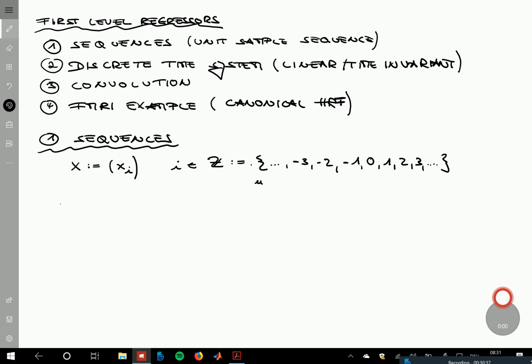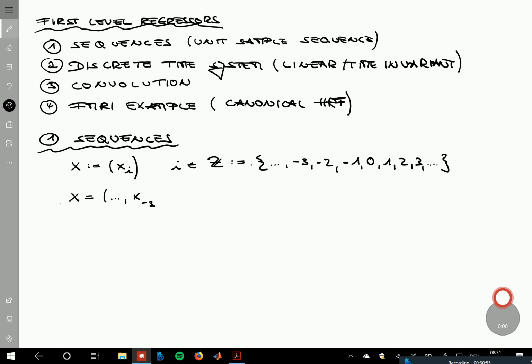So in this sense, one can also think about sequences in terms of vectors. What we need here in the beginning is a little bit the idea of a sequence as an infinite thing. So there are different ways to think about it. One way to give an example for a sequence is as follows.